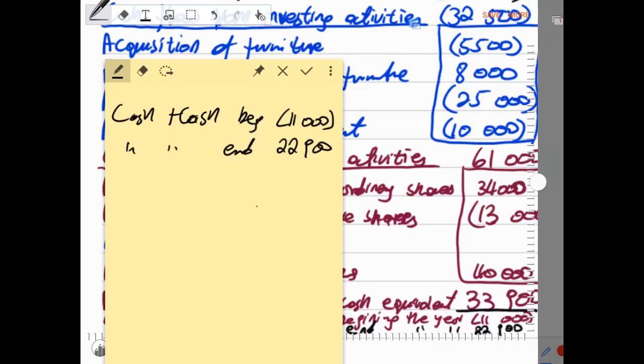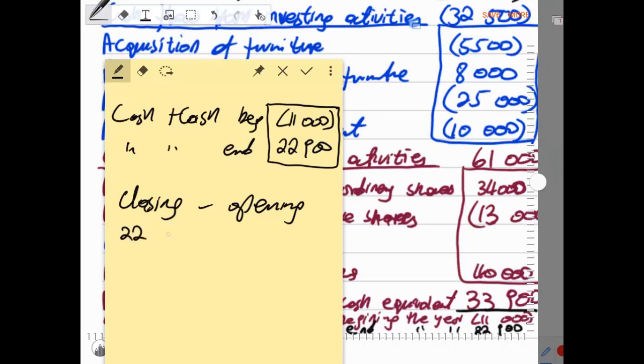This is beginning. So now remember, for us to calculate either an increase or a decrease, we say closing minus opening. That's the basic principle of the net increase or decrease. Closing minus opening. And our closing is 22,900. Minus, you put the minus sign. And our opening is negative, so that means minus and another minus. Therefore now in brackets negative 11,000.